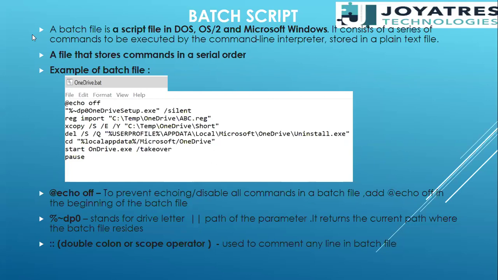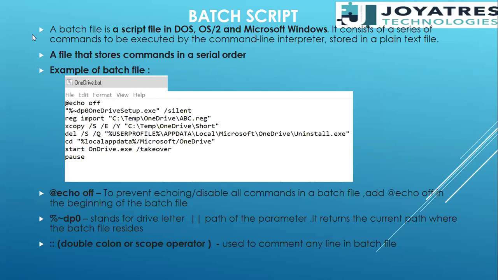For VBS we have a different way, for PowerShell also we have a different way. And @echo off is common for everything, for all the batch files. Basically, when you install any application script, we get a pop-up of CMD, a black screen comes.